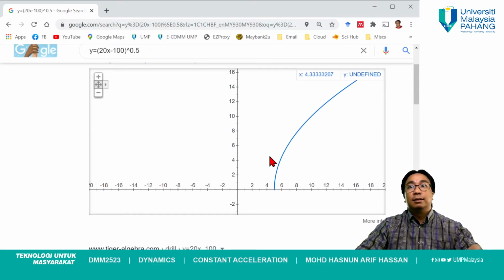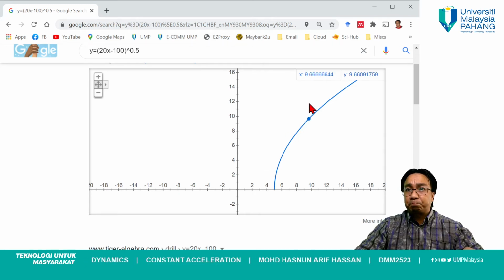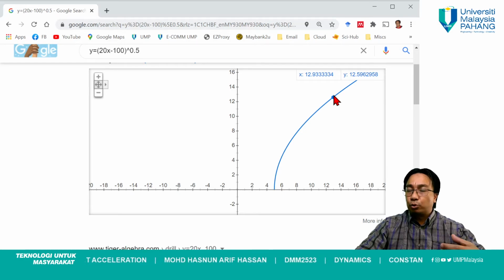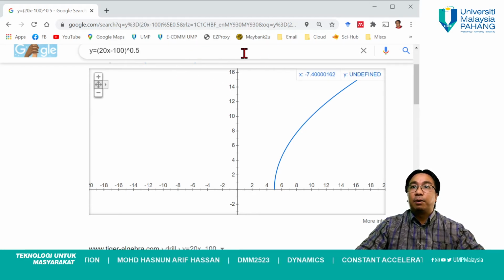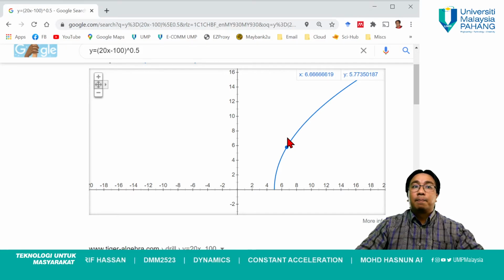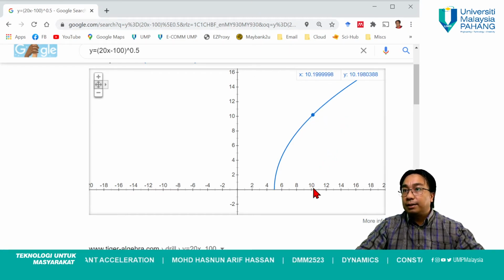This is the graph of square root of x, okay, x to the power of 0.5. So yang kita nak sekarang is from the value of 10 until 15. Okay, 10 until 15 ni dekat sini lah. Lebih kurang 10 here until 15 kat sini.